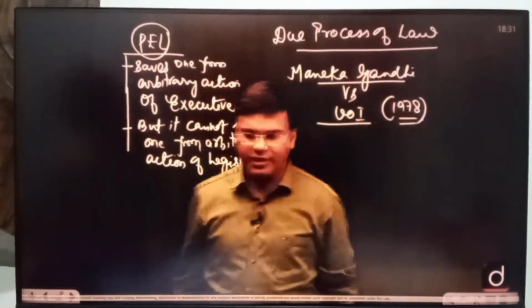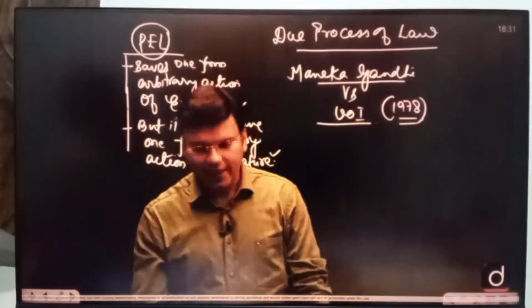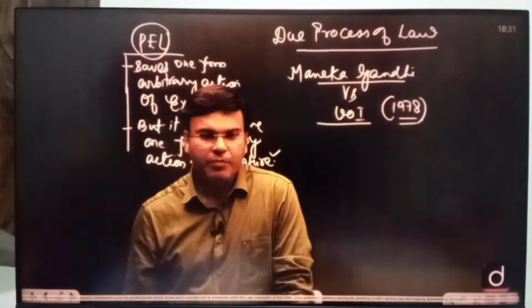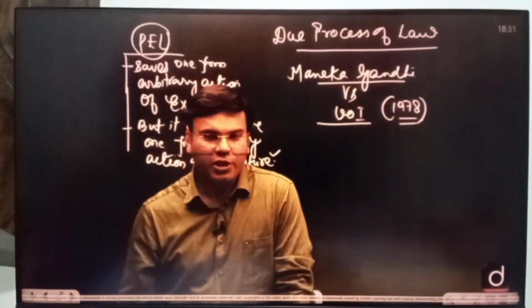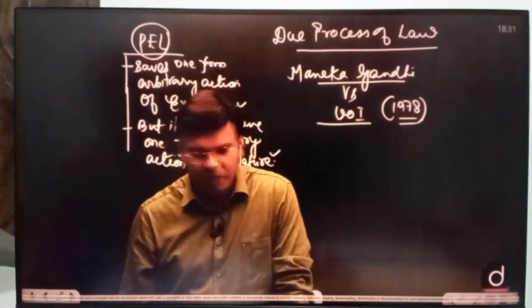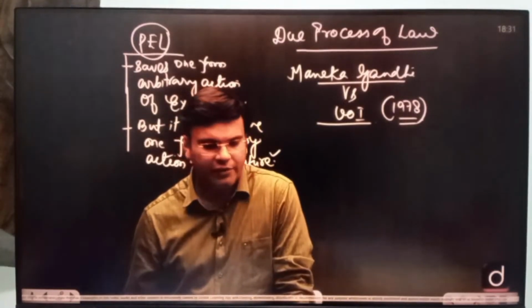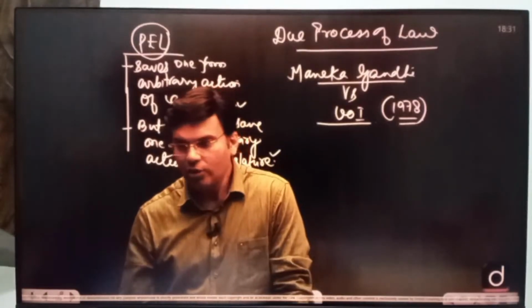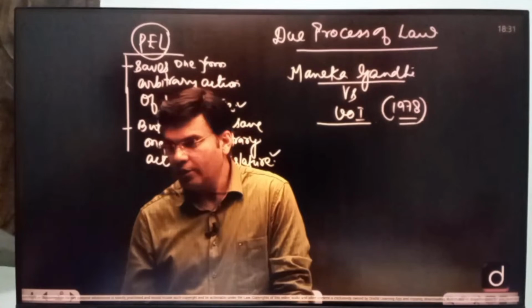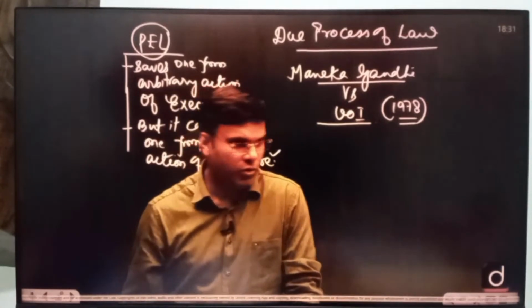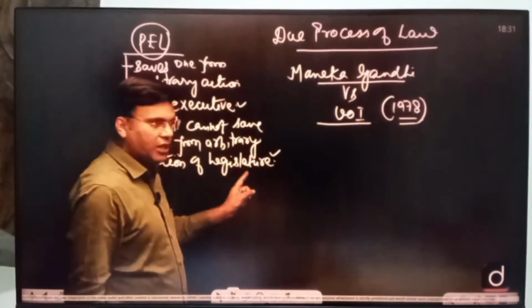That is why we say that when such a judgment comes from the court of law, then it is giving priority to individual rights and restricts the state's power to act against the rights of the individual. That is why any kind of law which restricts your personal liberty, and if that law itself looks unfair, unjust, so it's an arbitrary action of the legislature.